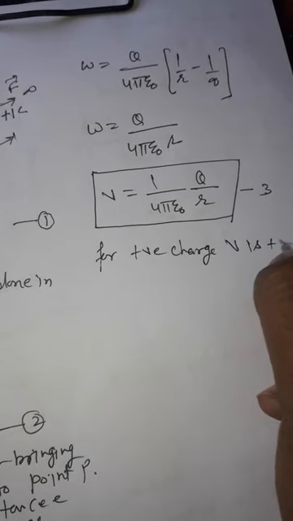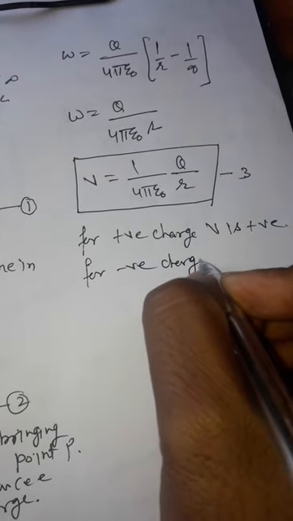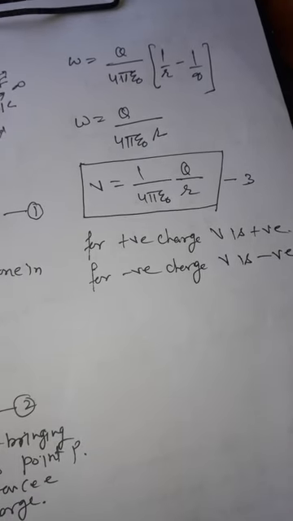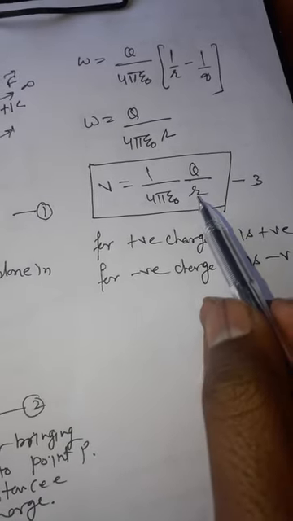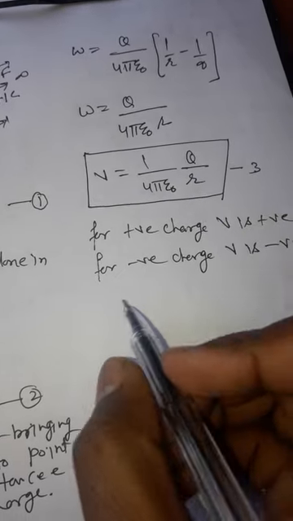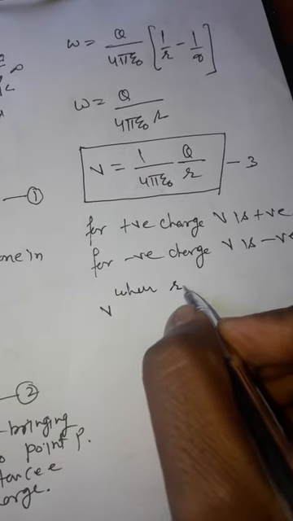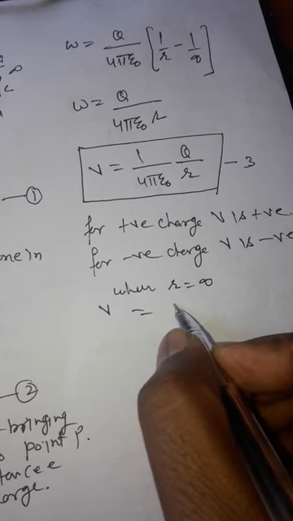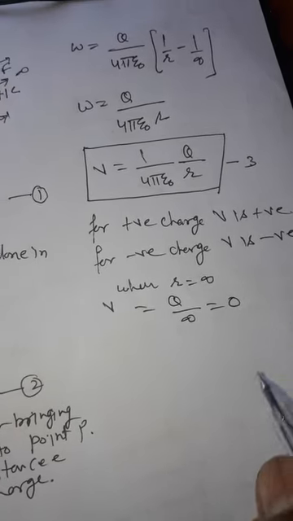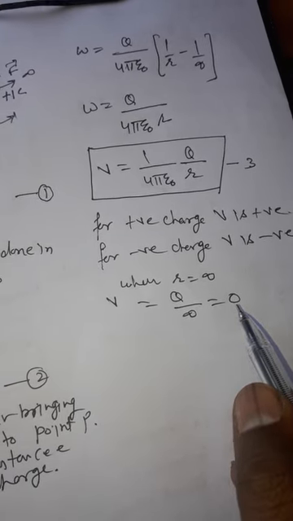Now if we put r equal to infinity, it means at a point which is at infinity from the charge, V is equal to something upon infinity, which is equal to 0. So at infinity the potential of the charge is 0.